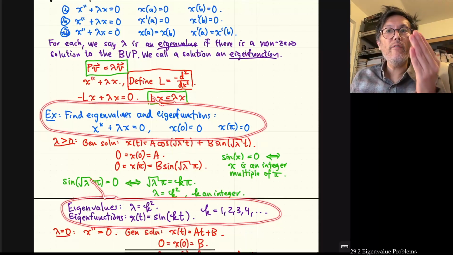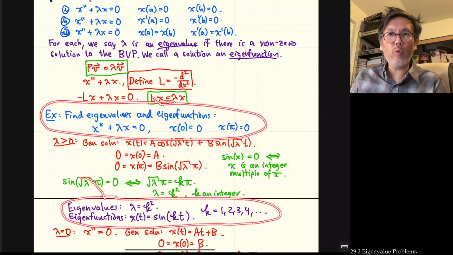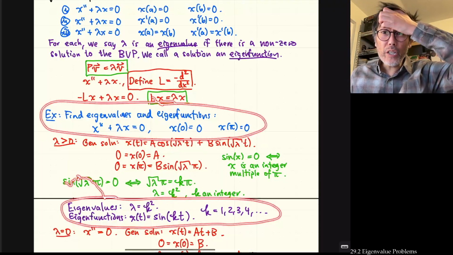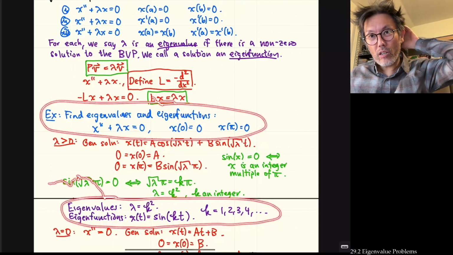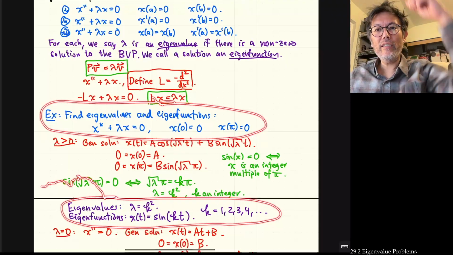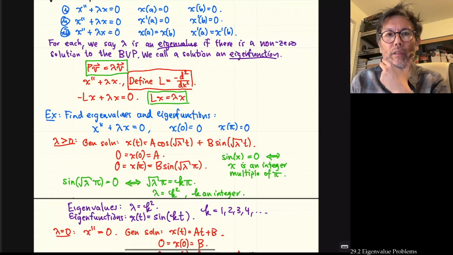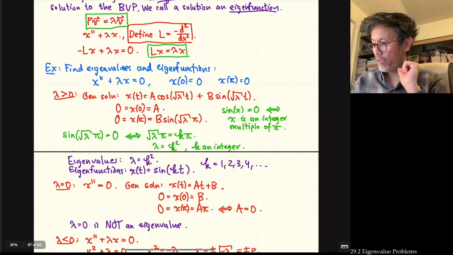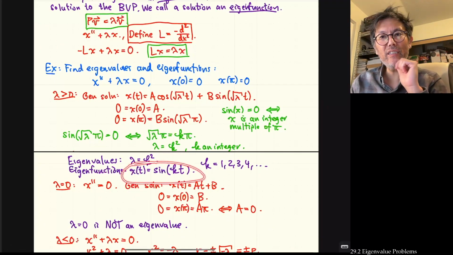So that's 1, 4, 9, 16, 25, 36, 49, 64, 81, 100, 121, 144, 169, etc. And we have the associated eigenfunctions. They're x of t equal to sine kt.